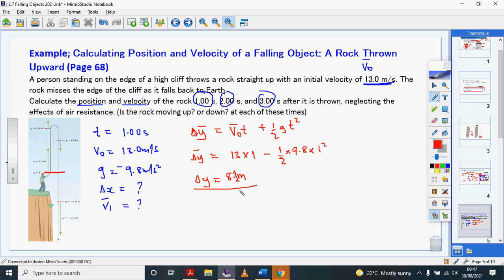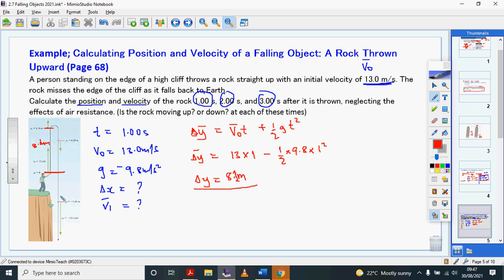What this means is that from this position where it was released, 1 second after it was released, its displacement has changed by 8.1 meters. So I expect it to be 8.1 meters above where it was released. So this displacement over here is 8.1 meters.